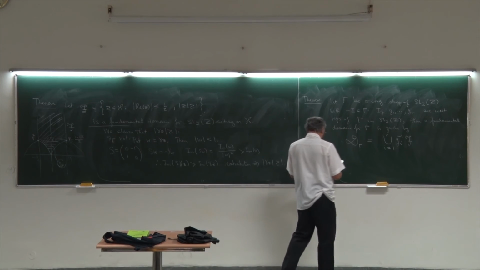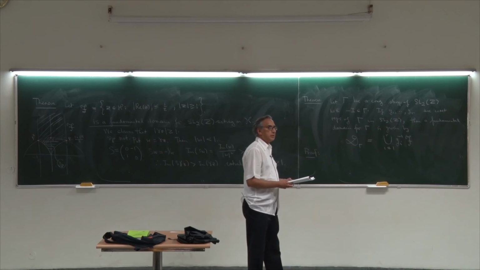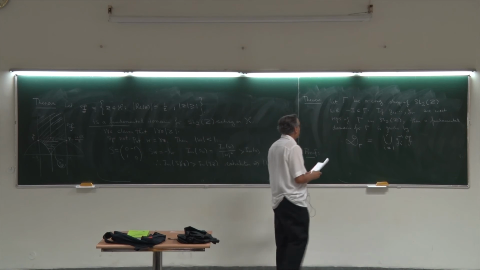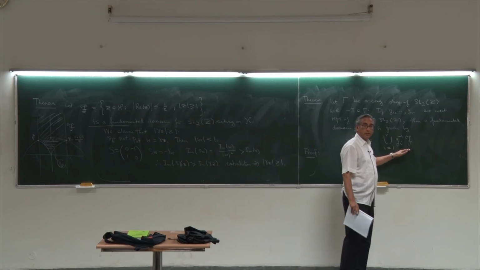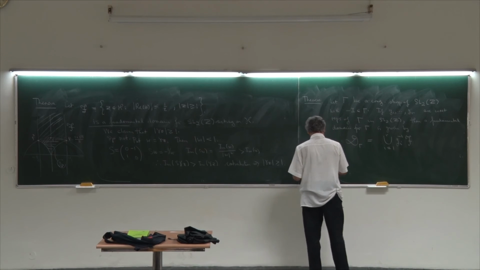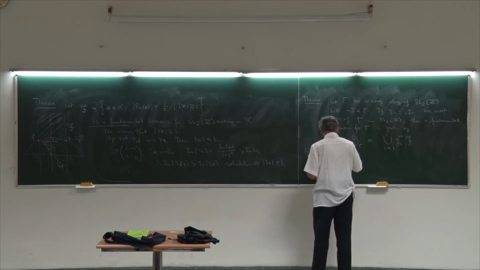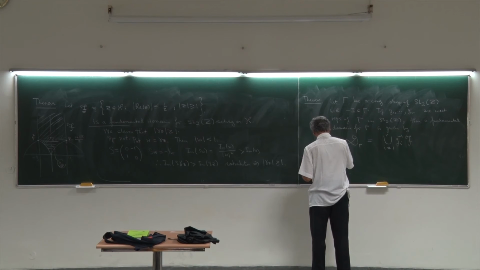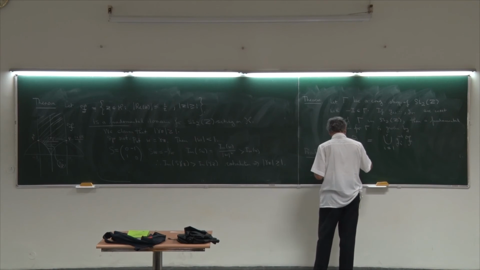So how to show, firstly, that every point in the upper half plane is gamma equivalent to some point here, and no two interior points are gamma equivalent. These are the two things we have to show. So let's do the first one. Take any z in the upper half plane.